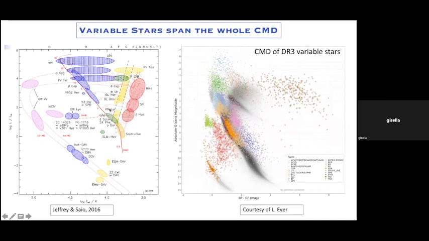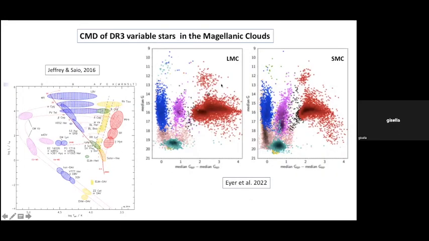You have the theoretical Hertzsprung-Russell diagram, and you have the color magnitude diagram here, and this is the region that corresponds to this part. Or if you want, these are the variable stars in the LMC and the SMC. So where we really reach is the magnitude limit of Gaia, and this is again the same part.